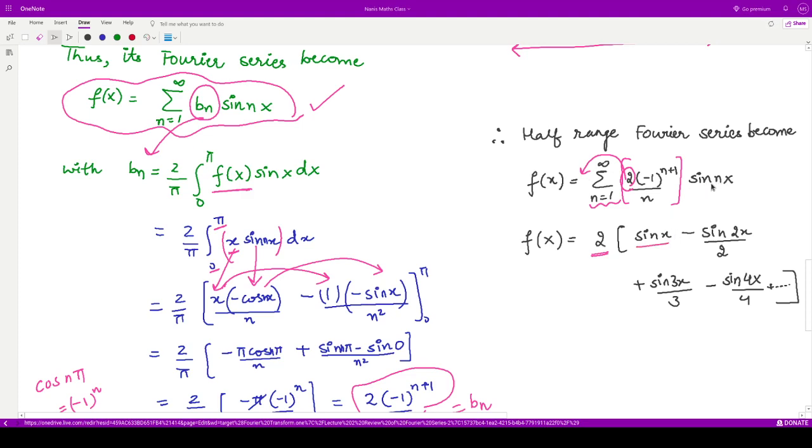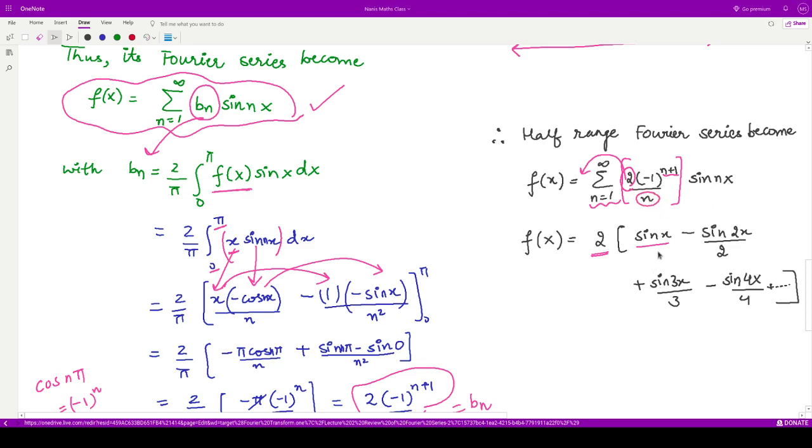When n is 1, we have sine 1x by 1, and minus 1 raised to power 2, so it would be positive, sine 1x by 1. Then when n is 2, we have here the power as 3. If the power is 3, it would be an odd power, so it would be minus here, sine 2x divided by 2.